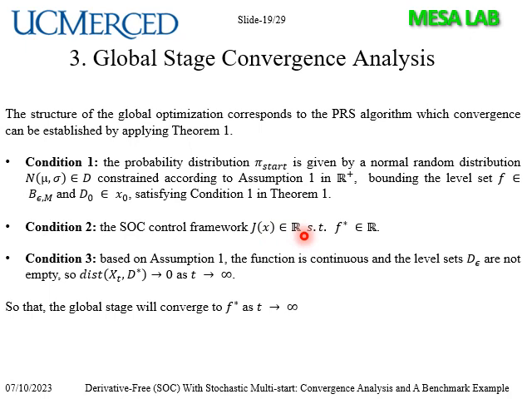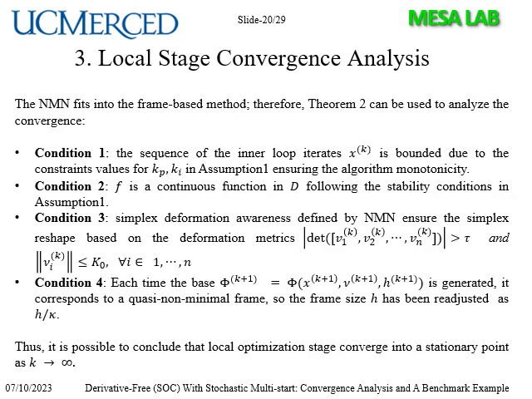Our cost function is smooth and stable and has a global optimal value. Based on assumption 1, and since our set is not empty, we can ensure that the random search will be optimal and reach the global solution as the iteration count goes to infinity.